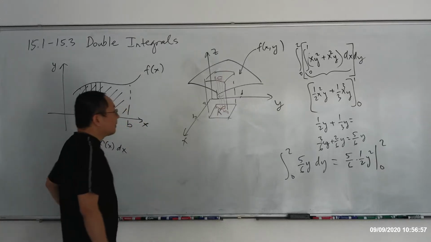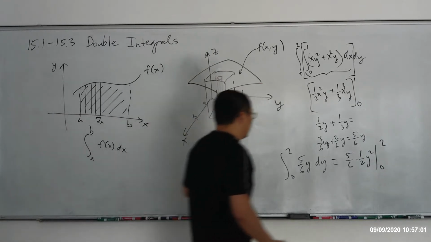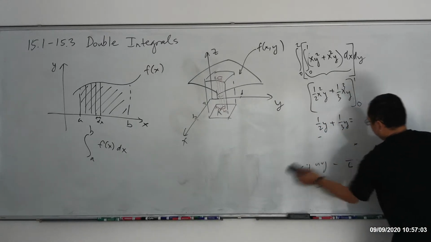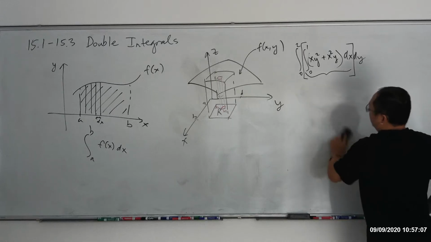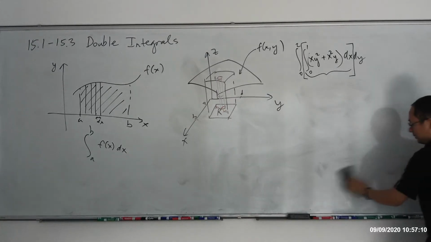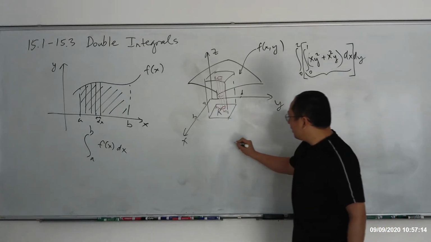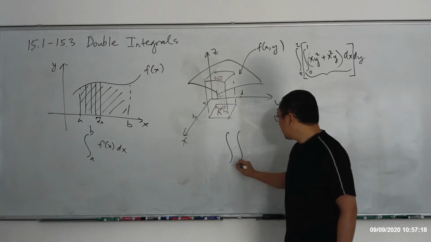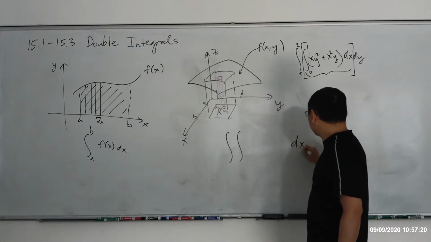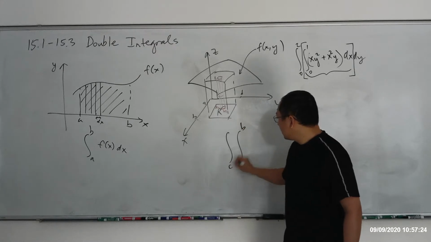Okay, so far, so good. There are some special cases of double integrals that I think will be helpful for you when you do the math. If the functions are separable, for example, I'm going to give you another one: a double integral where x runs from a to b, and y runs from c to d.